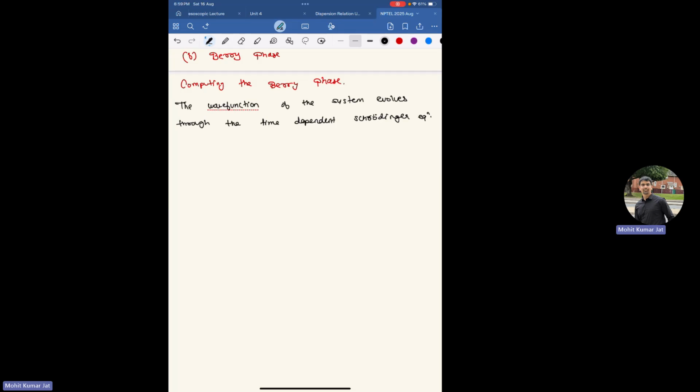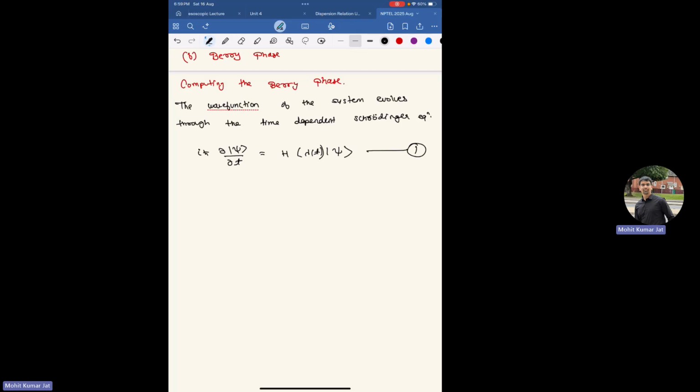That will be i h bar del psi by del t equals H, which is a function of lambda of t, acting on psi. That's how you write it, right? Let me label it as equation number 1 for this problem.